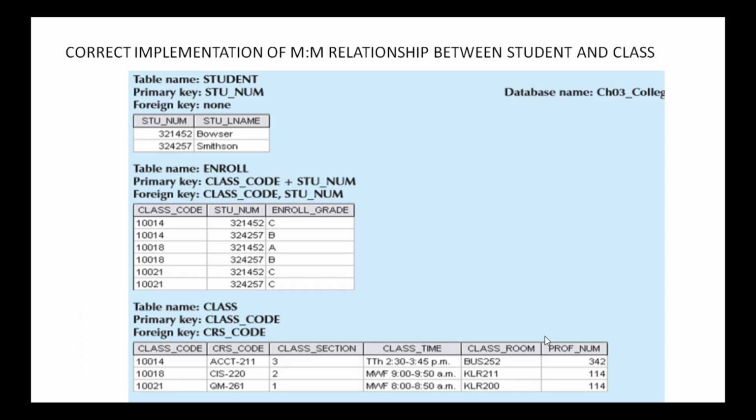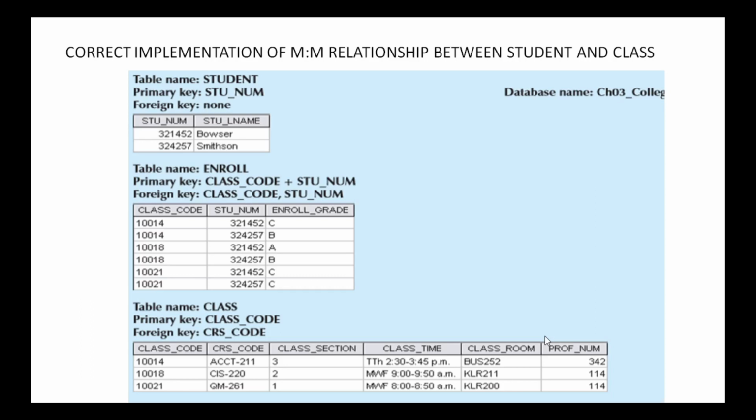In the class table, by using the class code primary key, we identify each and every class uniquely. In order to maintain the many to many relationship between those two, we use one associative entity called enroll.